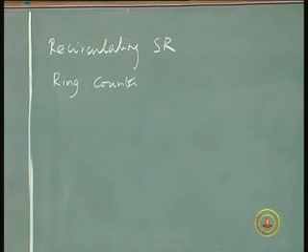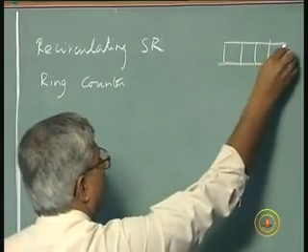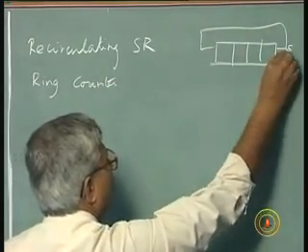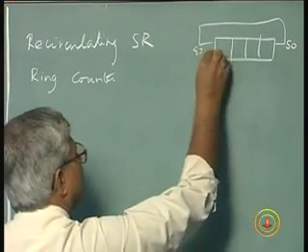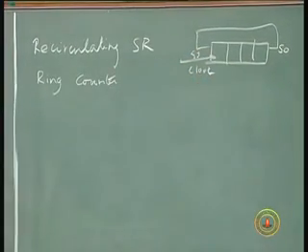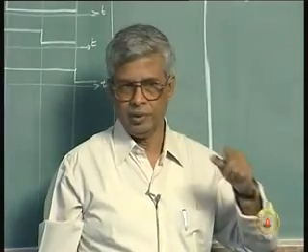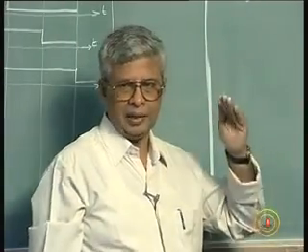A recirculating shift register is the same as the ring counter in the sense that I have these flip-flops, and the serial output is fed as serial in. Put a pattern and keep circulating it. That's what will happen in a ring counter. Put a pattern and connect it back.